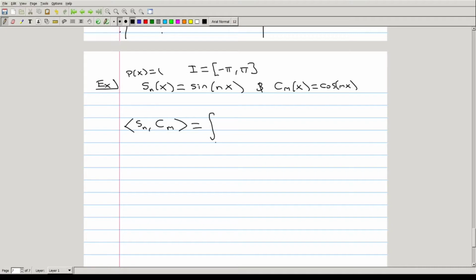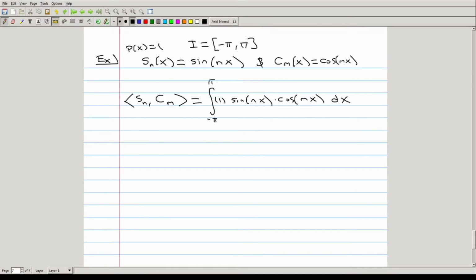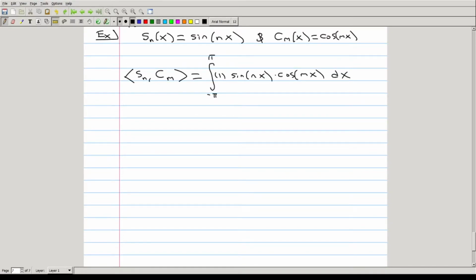This is the integral from negative pi to pi of 1 times sine of nx times cosine of mx dx, and this is an integral that we can do very succinctly using what's called tabular integration, which is two separate integration by parts in a cyclic integration.